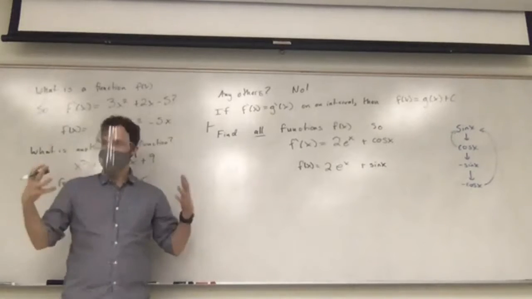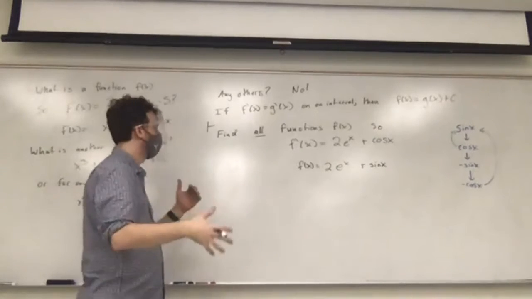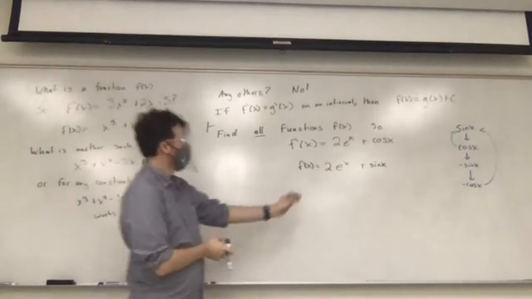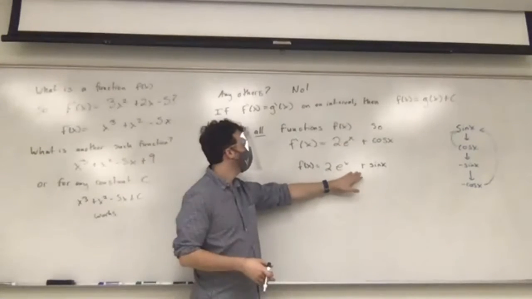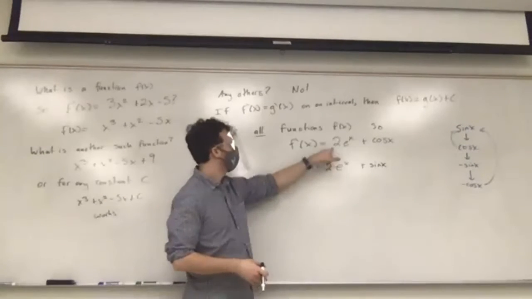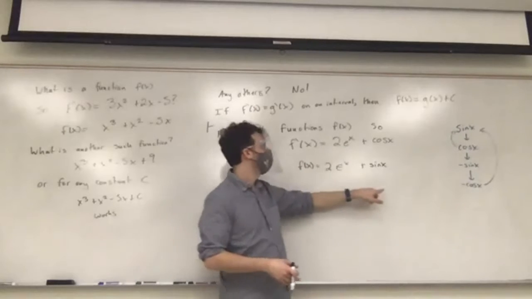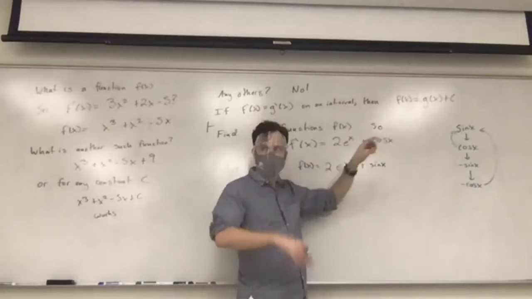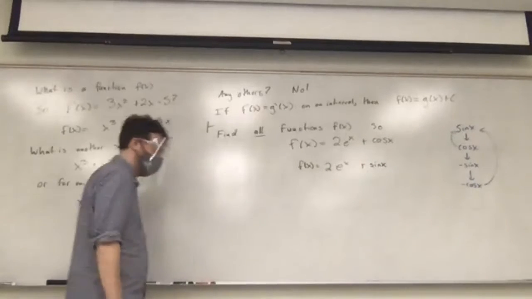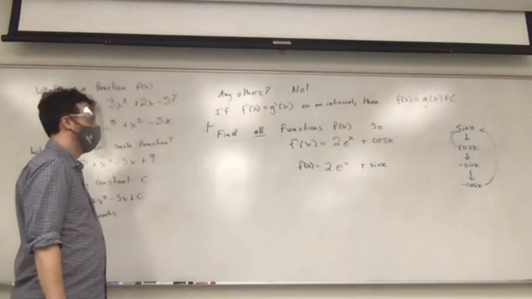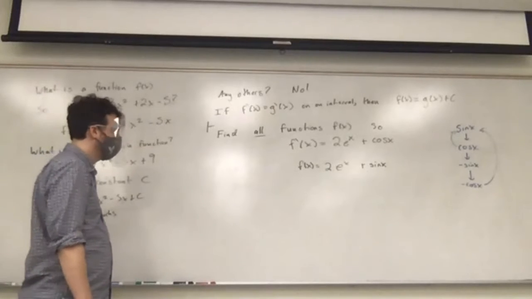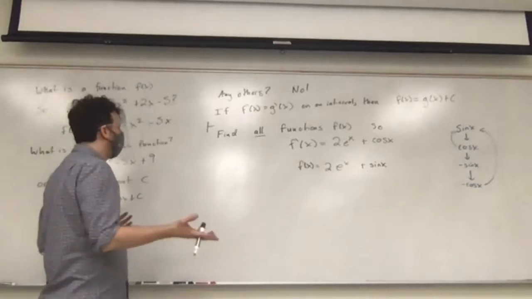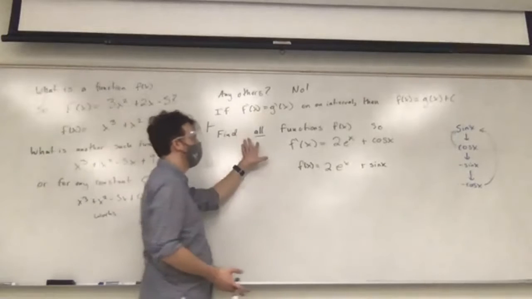And as a quick check that fits with the way we've been doing things, if you start here and differentiate 2e to the x, the 2 stays there, e to the x doesn't change, sine becomes cosine. That fits the direction that we're used to. But then that's not all, because we want to find every function.